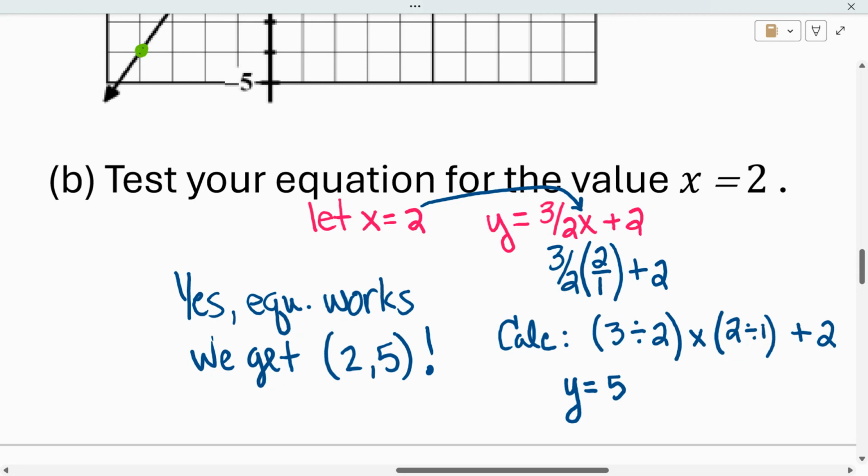We do get 2, 5, which came right from your graph. So that tells me that I wrote a good equation. Are we good to go to the next one?